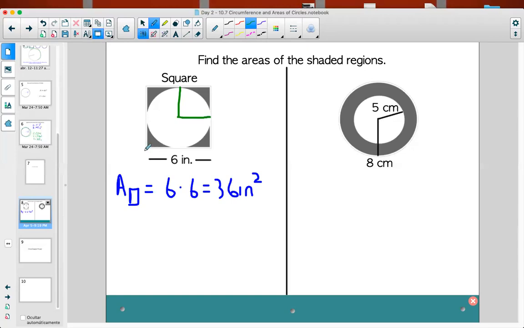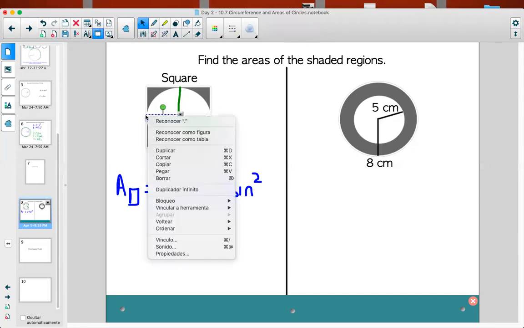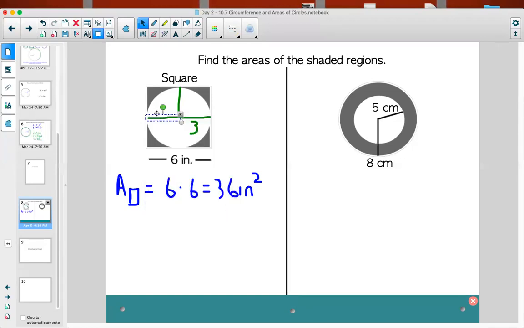So notice how this square is 6. Half of 6 is 3. So the radius is actually 3 because the diameter, or the side of the square, is 6. Okay, so what we're going to do is we're going to use 3 as the radius. So now we're going to find the area of the circle.